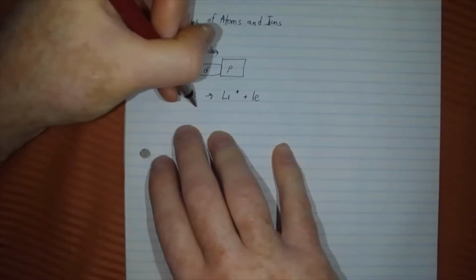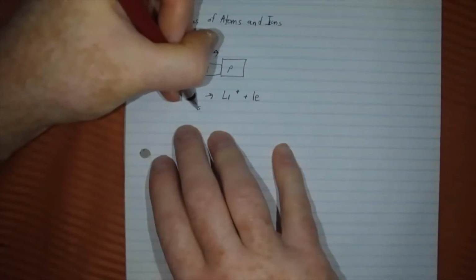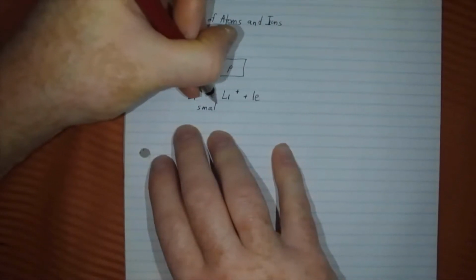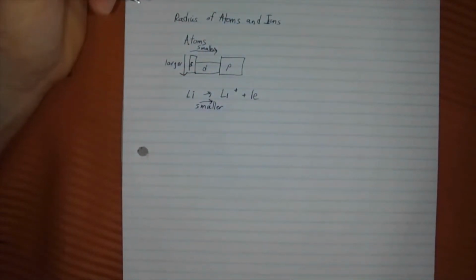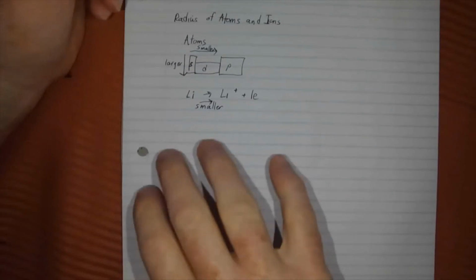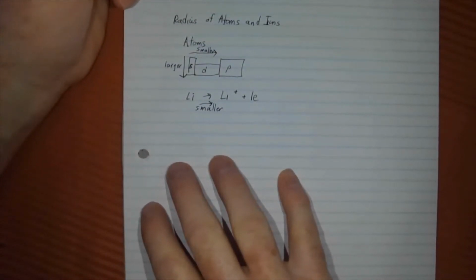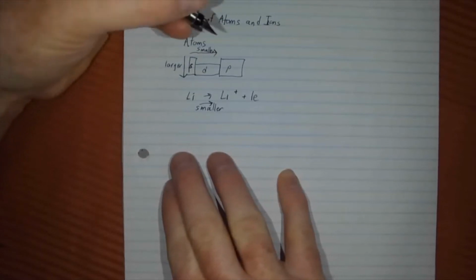It goes smaller, and that is because of the increased Z effective, the overall charge on the remaining electrons. The overall positive charge is more positives than negatives. It can pull it in tighter.